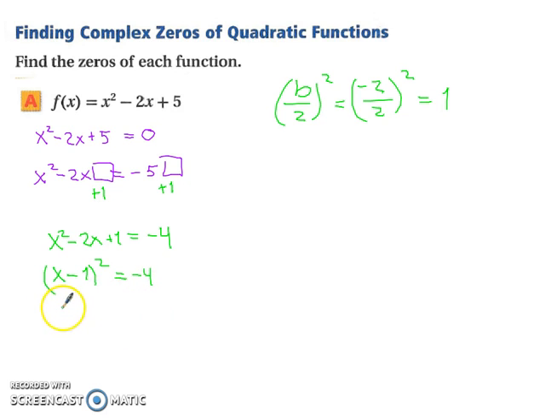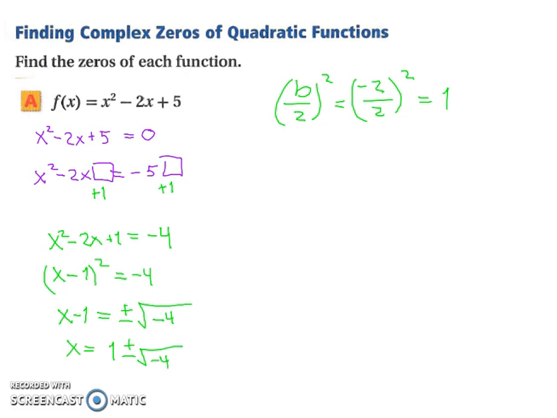Take the square root of both sides. So we have x minus 1 equals plus or minus the square root of negative 4. And then we'll add 1 to both sides. So we have x equals 1 plus or minus the square root of negative 4.